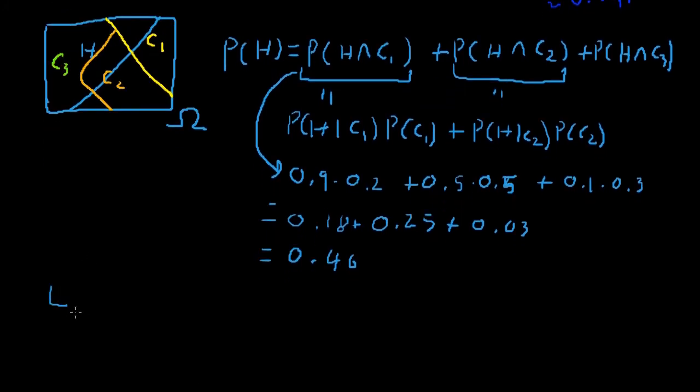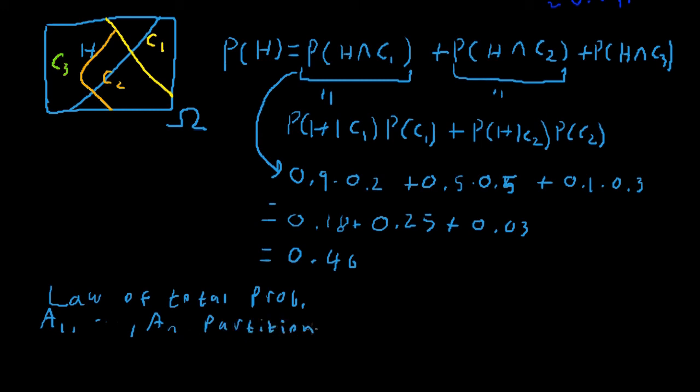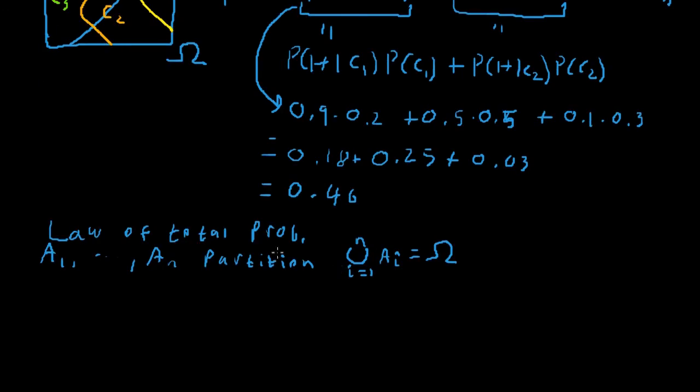In general, the law of total probability states that if I have a partition, A1 through AN, where a partition means that the union over all the Ai, where i goes from 1 to N, is equal to omega, then for some event B, I can just break it up into the pieces of B that intersect each of these.